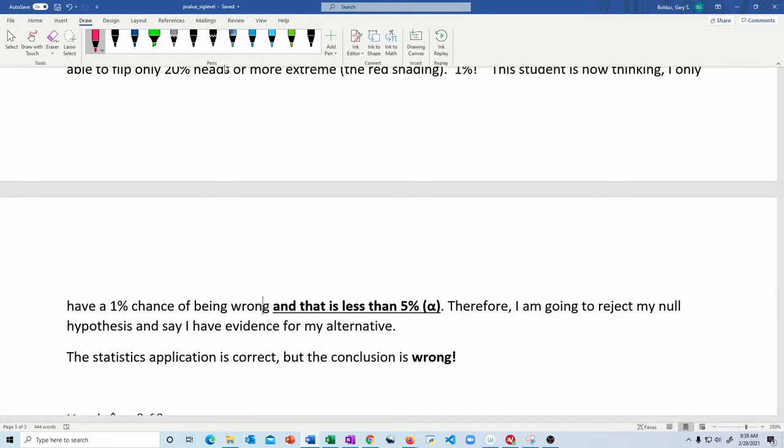We say, if my p-value, so my percent chance of messing this up, is less than alpha, which in this case is 1% less than 5%, I say, I can deal with that. Reject. So I say to myself, okay, I got a 1% chance of being wrong here, but my alpha is 5%, and by making alpha 5%, I'm saying I'm okay with a 5% chance of messing this up.